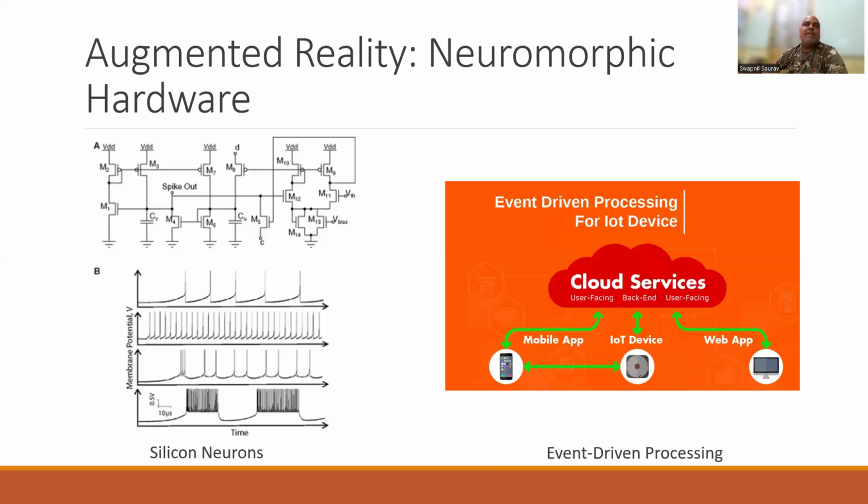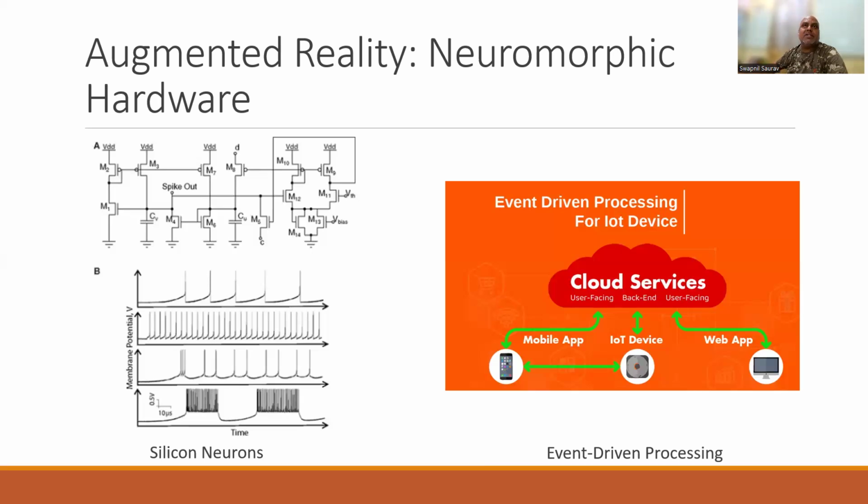The parallel and event driven nature of silicon neurons allows for real time data processing, which is essential for applications such as robotics, autonomous vehicles, and real time augmented reality. Neuromorphic hardware can scale to large networks of silicon neurons, enabling the development of complex and capable systems that can handle extensive and varied data inputs.